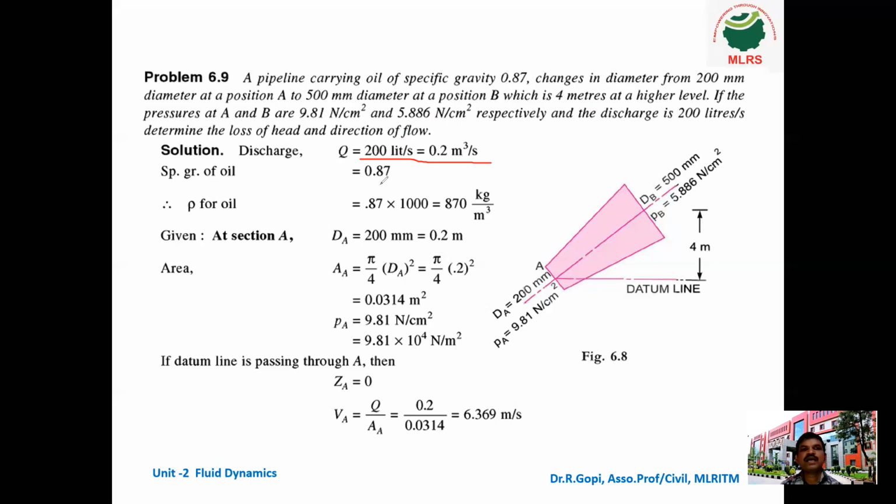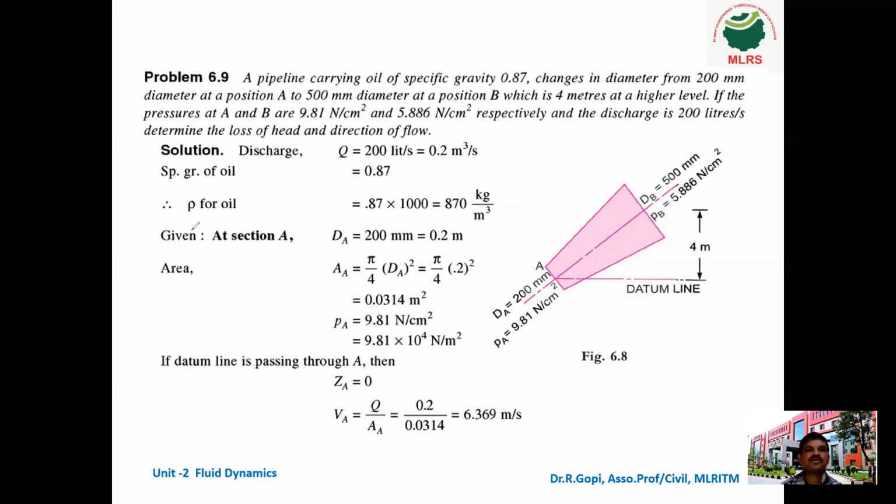Now the specific gravity of the oil is 0.87, so density is 0.87 into 1000, which is equal to 870 kg per meter cube. This density is less than 1000 kg per meter cube. Why am I writing 1000? Because water density is 1000, so it is less than the water density.